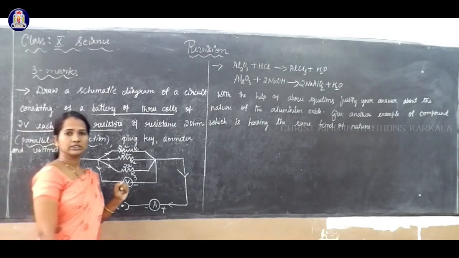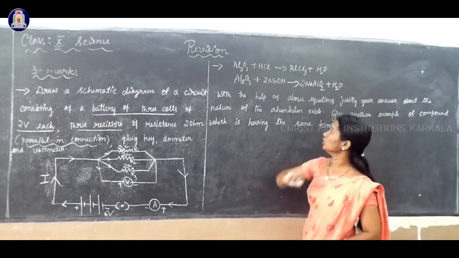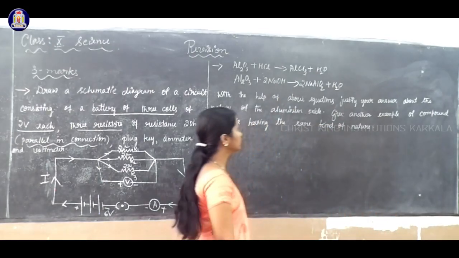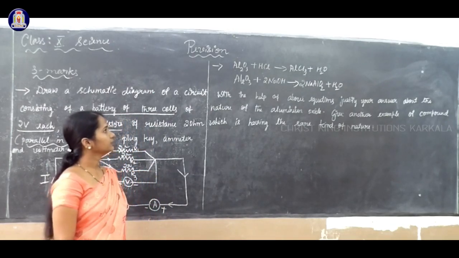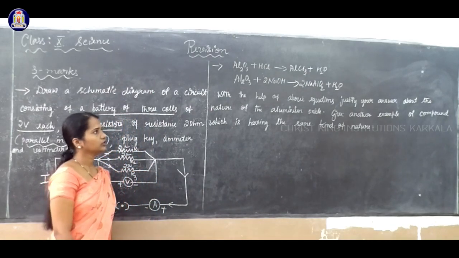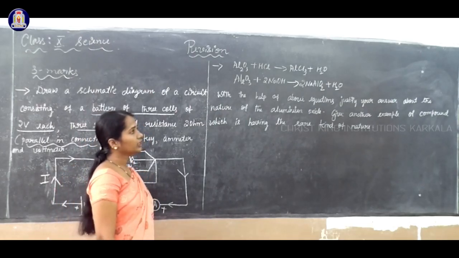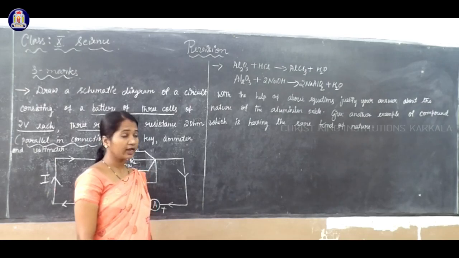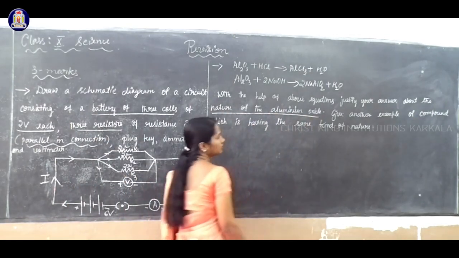We will move to the next question of 3 marks: Al2O3 plus HCl gives AlCl3 plus H2O. Al2O3 plus 2NaOH gives 2NaAlO2 plus H2O. With the help of the above equations, justify your answer about the nature of the aluminium oxide.